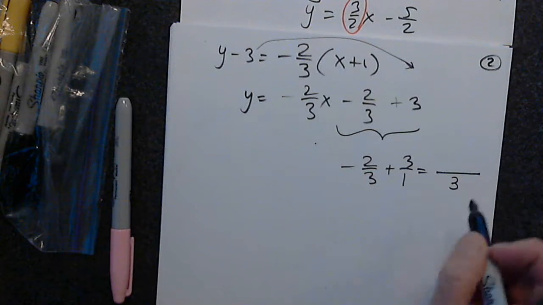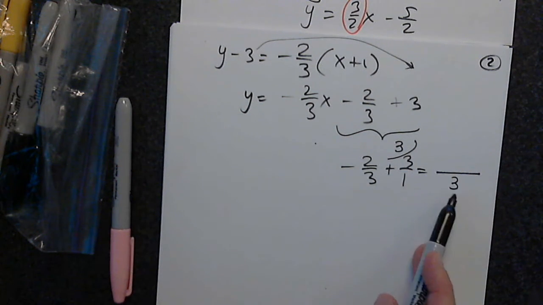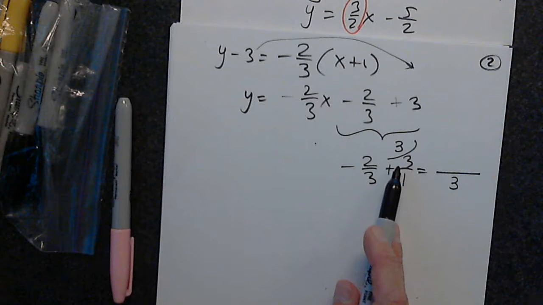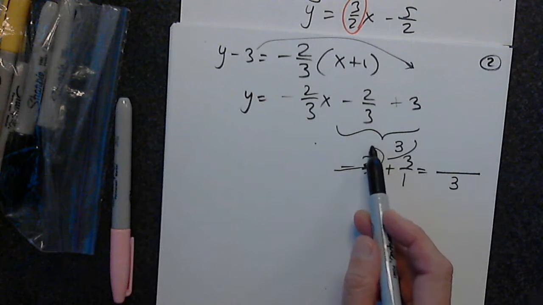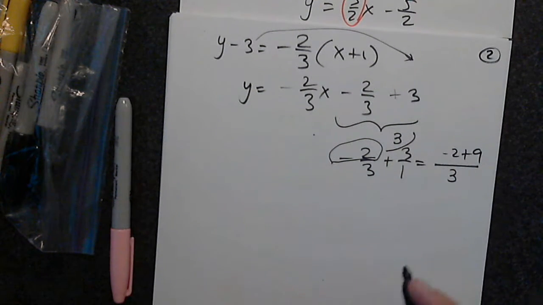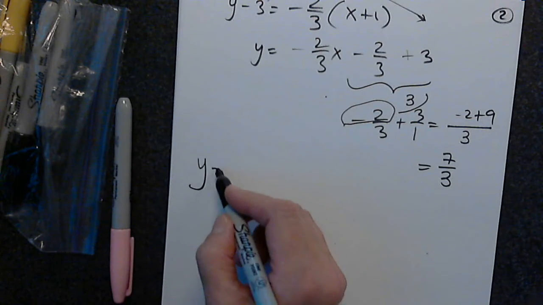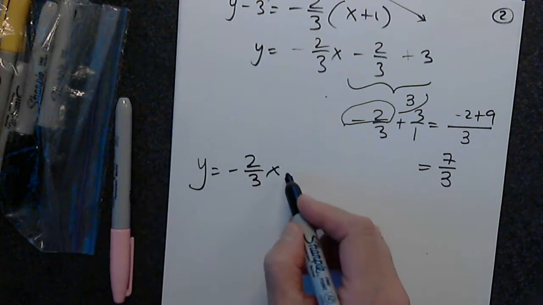Very good. Only this one needs an adjustment. Because we multiply the denominator by 3, we have to multiply the numerator by 3. The negative always goes to the top. So it's negative 2 plus 9, which changes into 7/3. So the equation is this.